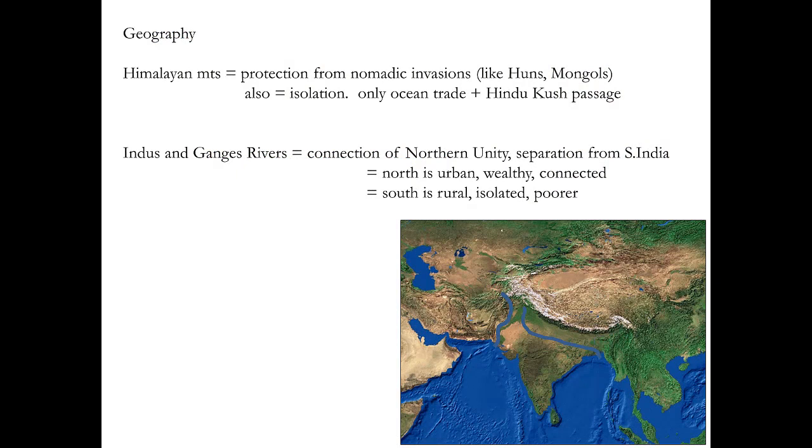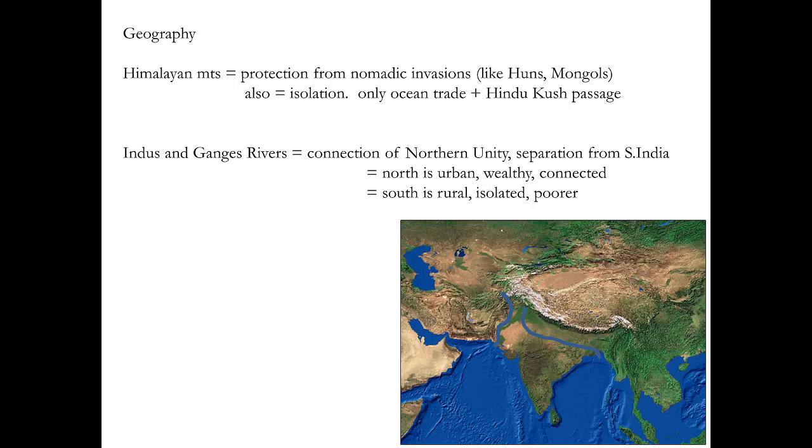So, for those of you who haven't taken my History 101 class, we start with geography. We have the Himalayan mountains, which are a massive mountain range, and that provides protection from nomadic invasions like the Huns or the Mongols, but it also provides isolation.